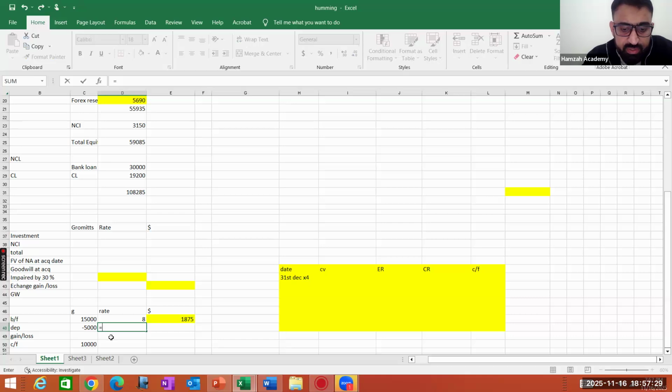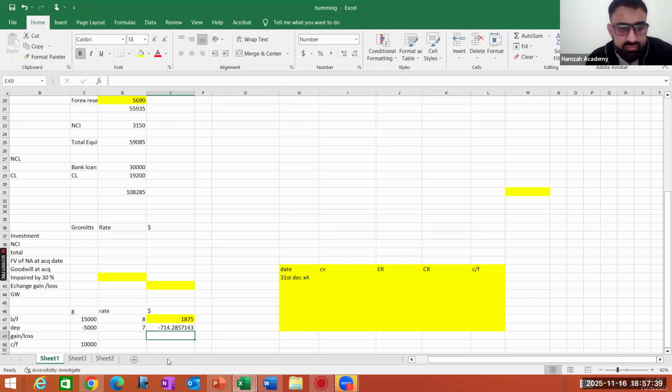And the depreciation is an accounting expense and it will be translated using the average rate, and the closing value of the net asset will be translated at the exchange rate at the closing date, which is 7. So in terms of dollar, these are the movements.